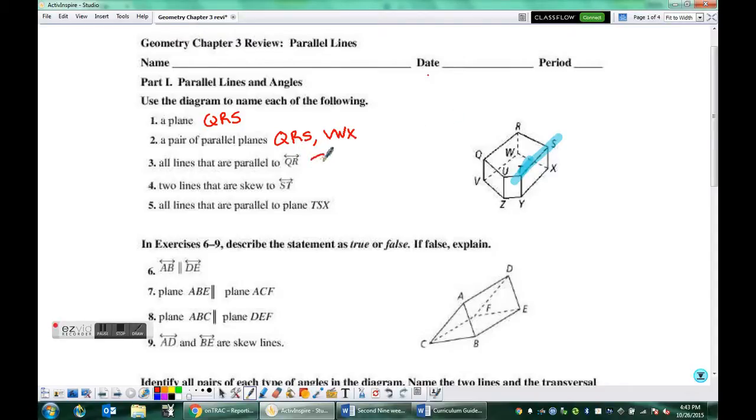So all the lines that are running that same direction as QR: TS is one example. Make sure you have your line over top. We also have VW, and finally YX. Those are all running in the same direction as QR.